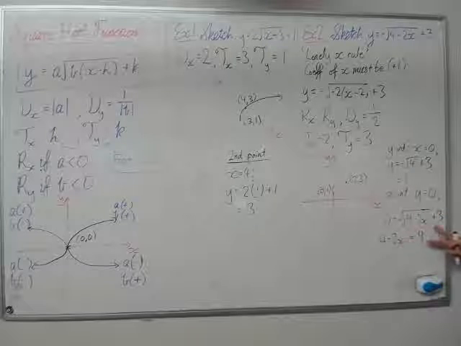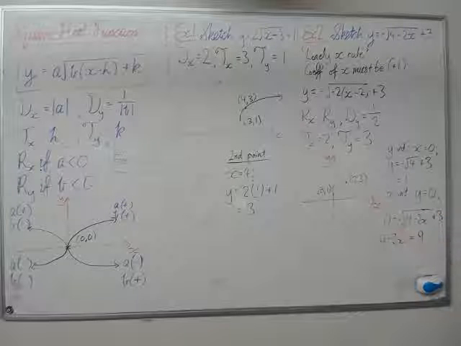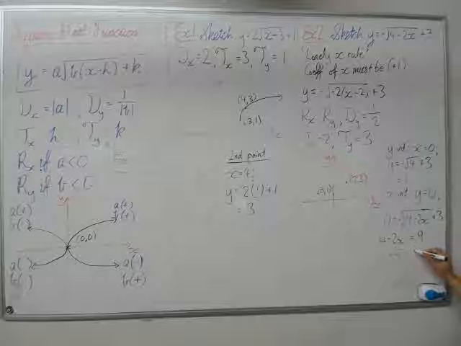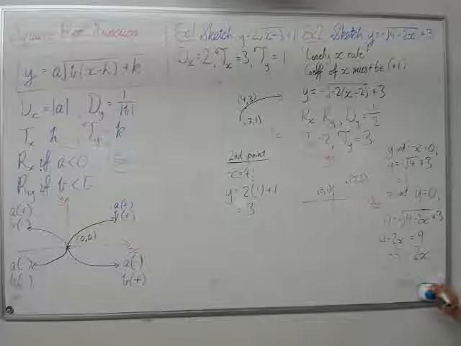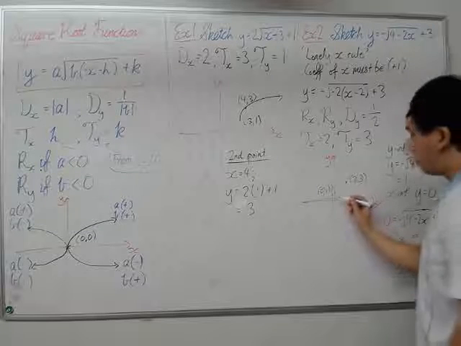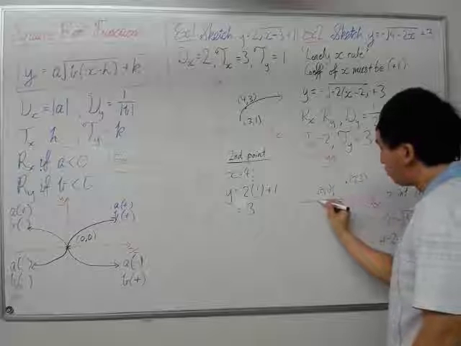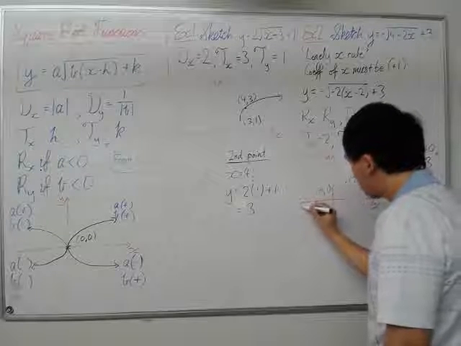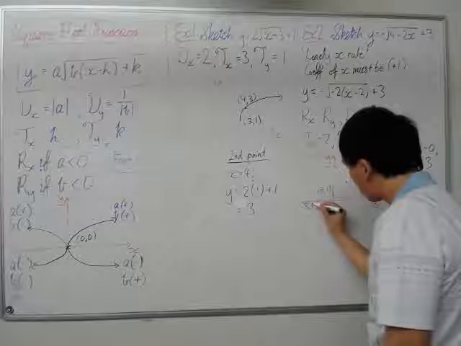Take the 2x to the other side, 9 at the other side. So subtracting 9 from both sides gives us negative 5. Adding both sides by 2x gives us 2x on the right side. And so x is equal to negative 5 over 2. So the x-intercept should be about negative 2.5 around here. So negative 5 on 2, 0.